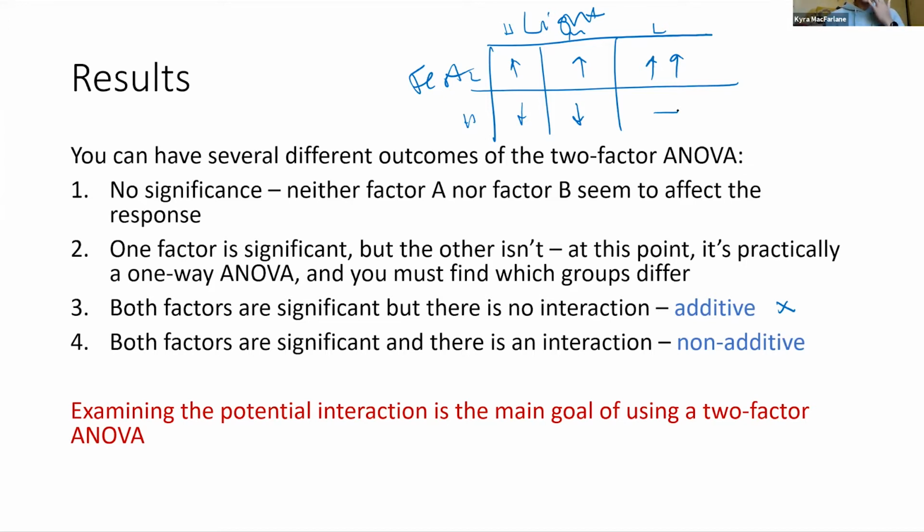Or we can have something where both factors are significant, but there's also an interaction, in which case the effects are now non-additive. So maybe medium light is good at low levels, but really, really bad for growth at high fertilizer levels.